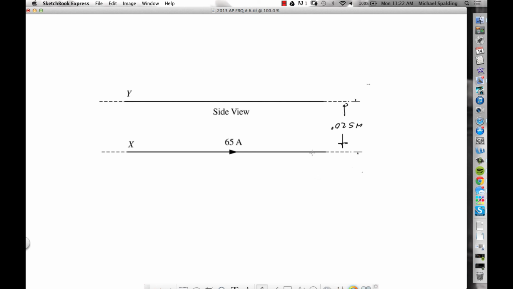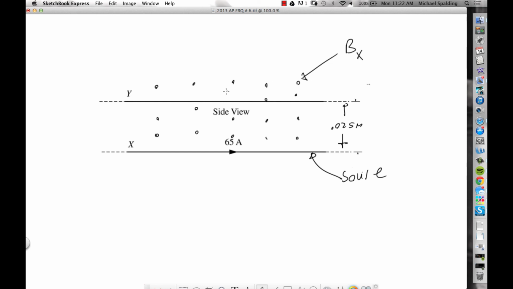Okay, so dudes, wire X is still the source. What's the magnetic field from wire X doing up here, above the wire? It's going which way? It's going out. Right? Right-hand rule number 2. So these dots, what do these dots represent? The dots represent the B field from where? Wire X. Okay?